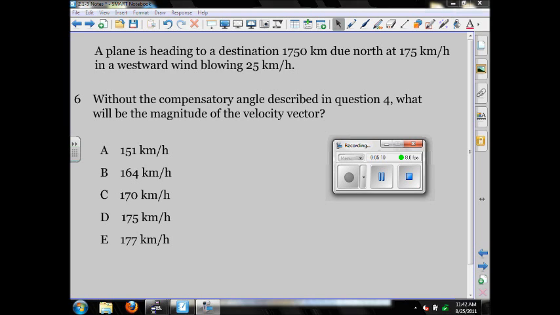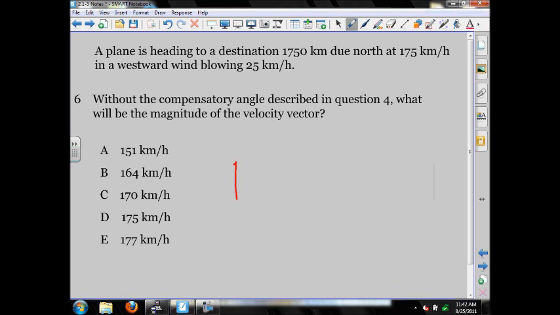We're trying to go 175 north. We're being blown west at 25. The hypotenuse is going to be bigger than either one of those sides, right? We're looking for the magnitude of the velocity vector.